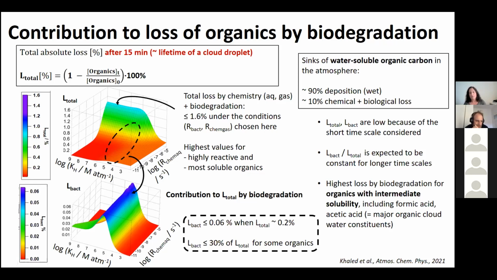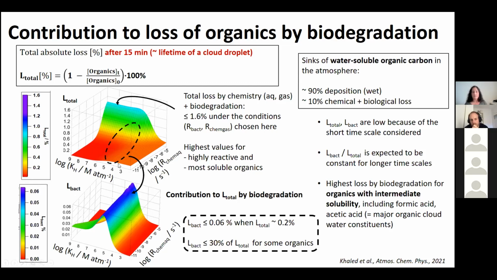Our conclusion was that for compounds with an intermediate solubility, biodegradation might be most important, adding up to something like 30% of the total loss. So models that do not include that underestimate the degradation of these compounds. And these are compounds like formic acid or acetic acid, which are really major cloud water constituents.